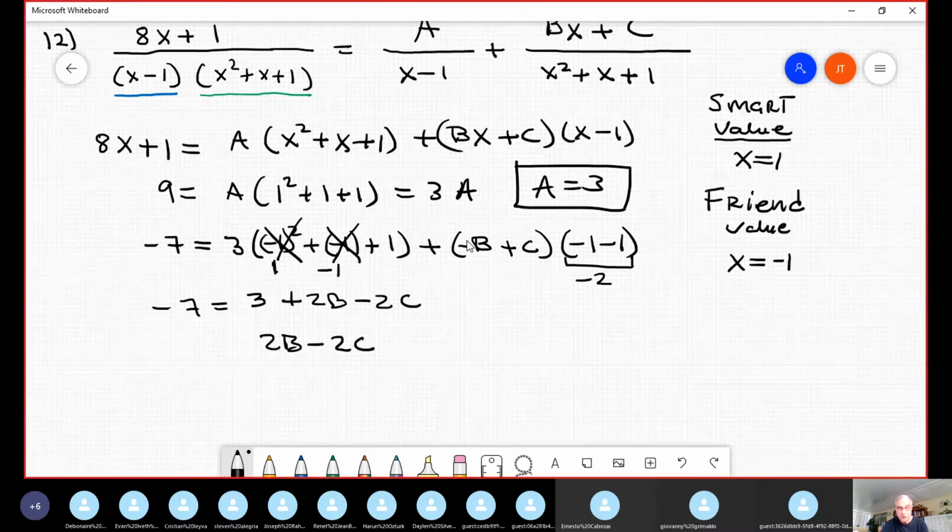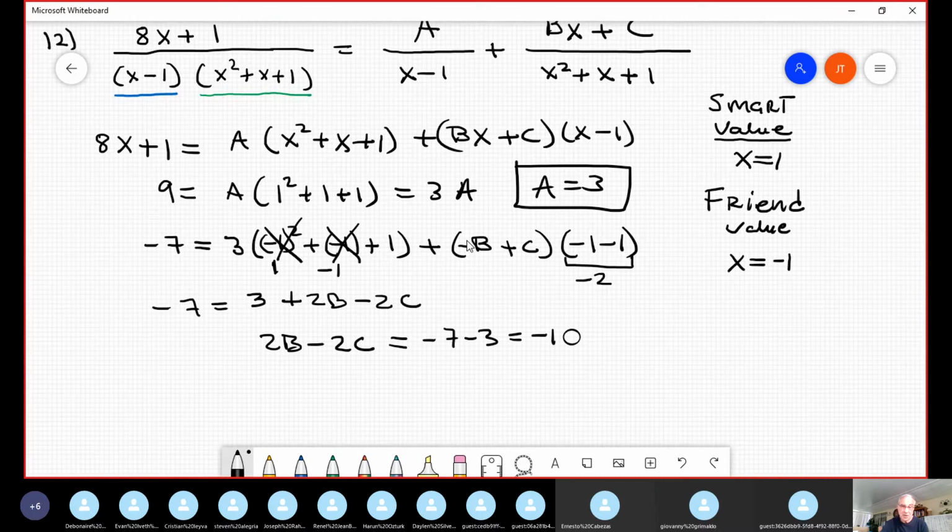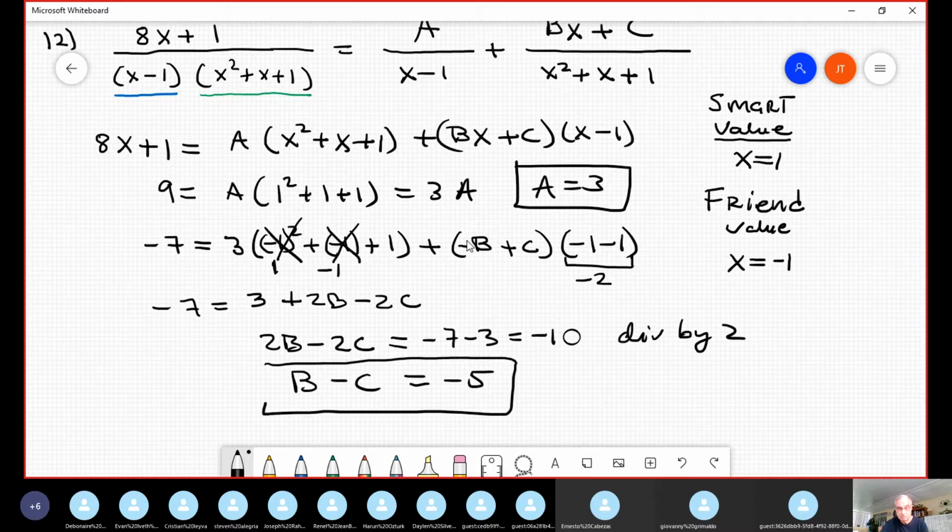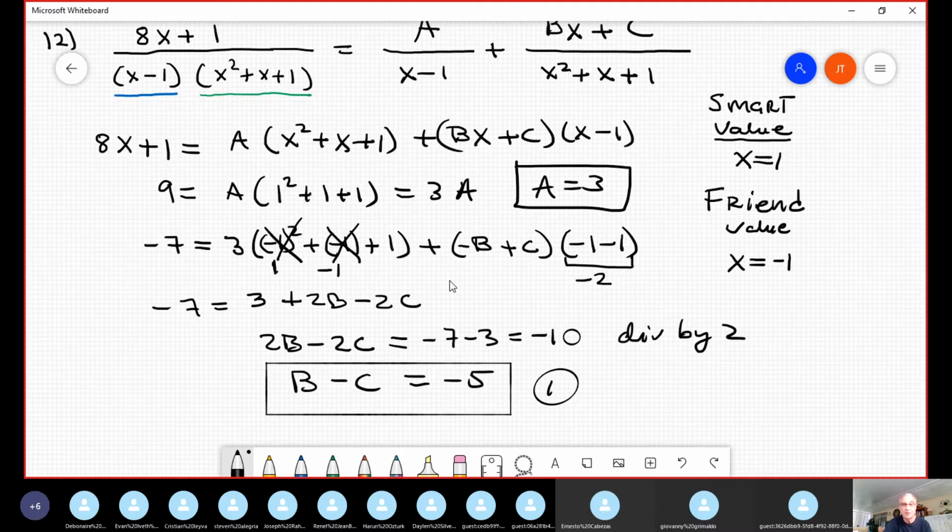I move this 3 to the other side, like a -3. So it's -7 minus 3 is -10. You can divide the equation by 2, no? Because it's 2, 2, and 10. So b minus c equals -5. This is my equation number 1. Super. Everyone follow me?